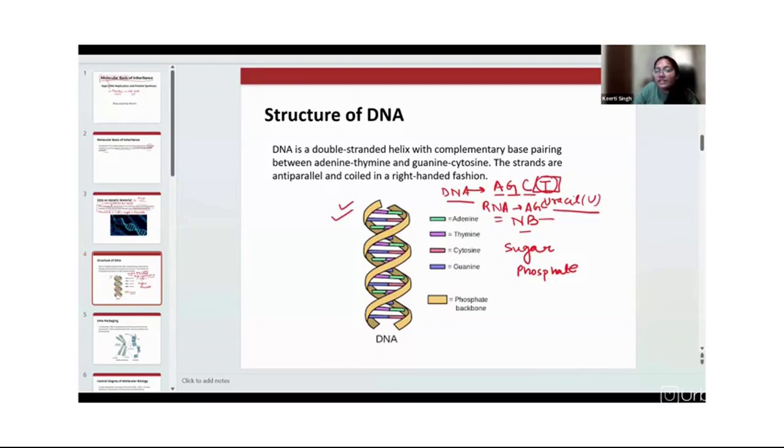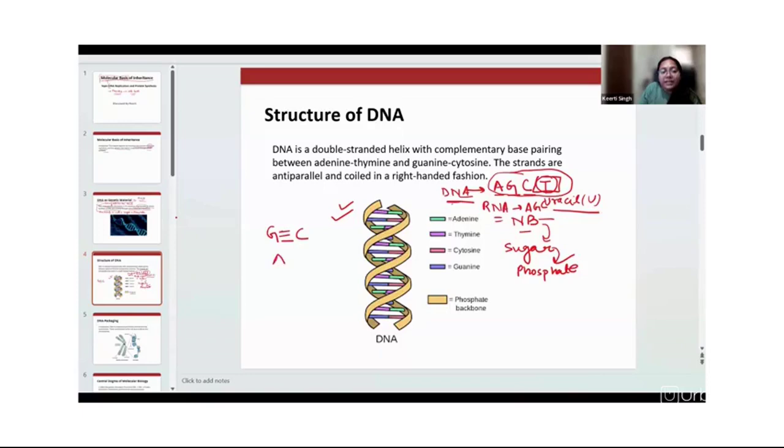So the backbone of the DNA structure is made up of these nucleotides that are connected. These nitrogen bases are attached with sugar and phosphate. Okay. So we have learned in our previous chapter that G and C are joined through a triple bond, right?